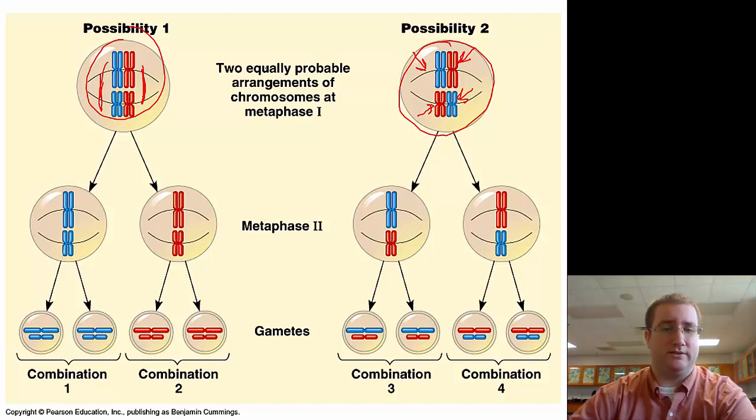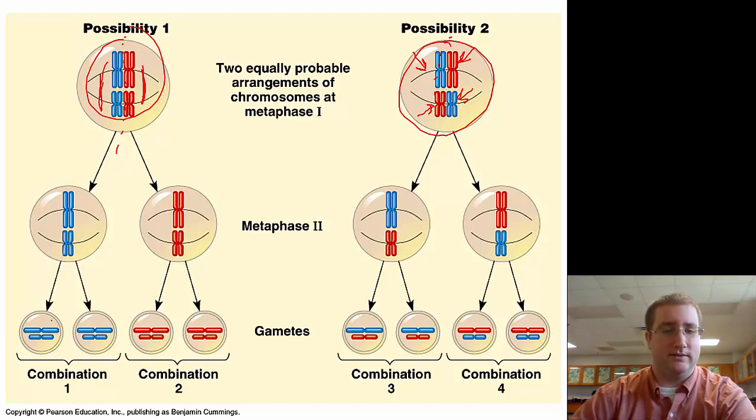Then if we look at metaphase 2, meiosis 1 is going to separate these pairs. So the 2 left will go to the left cell, the 2 right will go to the right cell. Then during metaphase 2, they'll line up single file, and they'll get ripped apart.